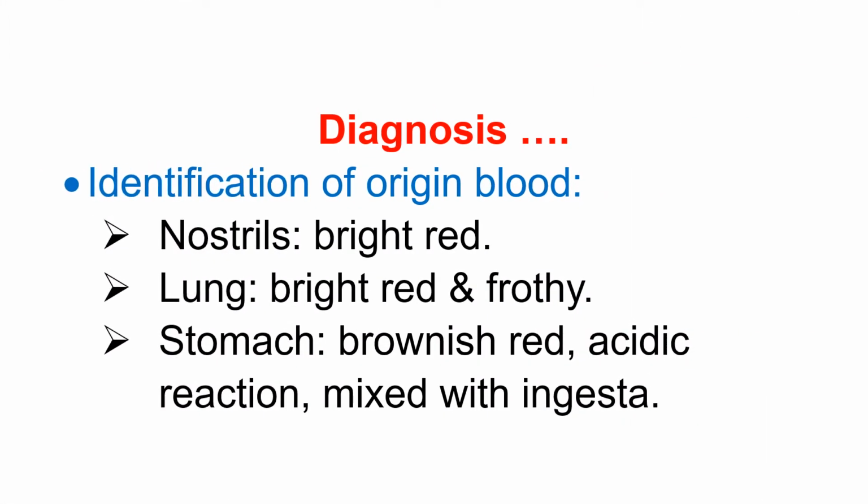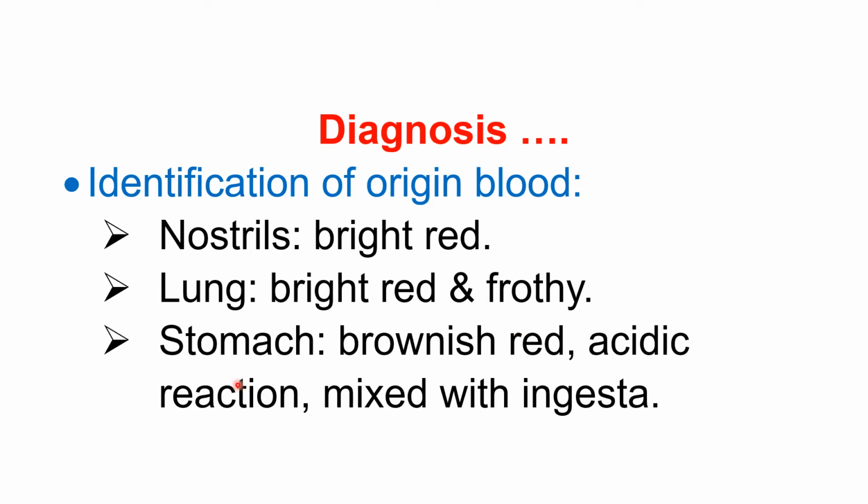Continuation with the diagnosis: identification of the origin of blood or point of hemorrhage is important. If the source is the nostril, then the blood will be bright red in color. If the source of bleeding is the lung, it is bright red and the blood is mixed with air.